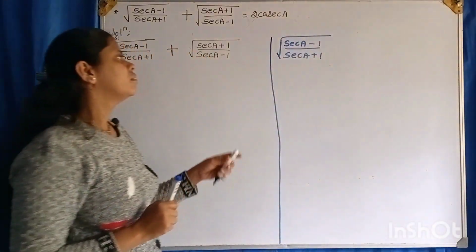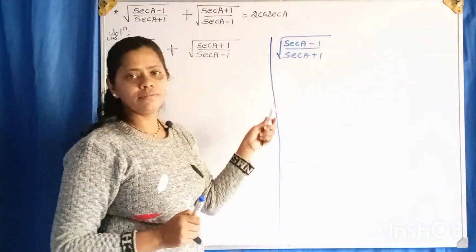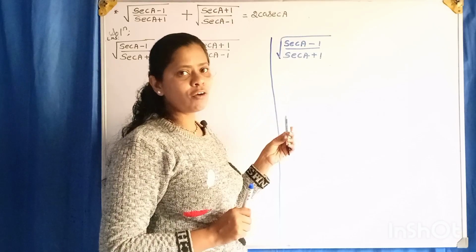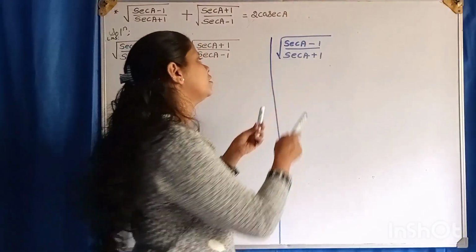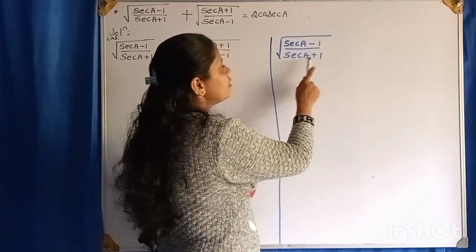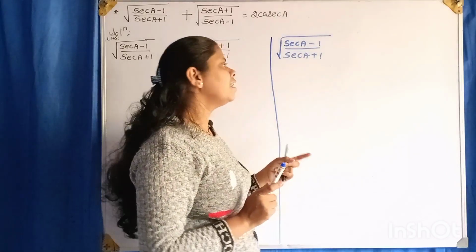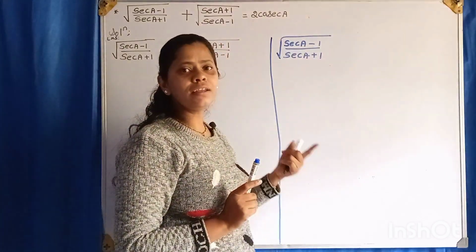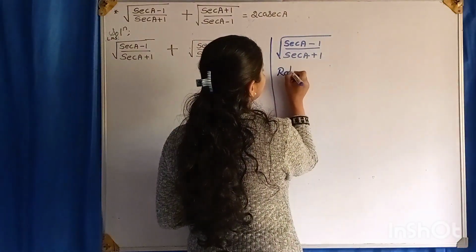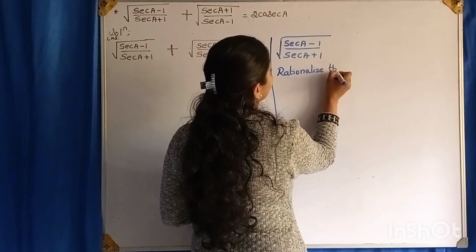Now to simplify this, we have to rationalize the denominator. Look at the denominator, that is secant a plus 1. So we will multiply secant a minus 1 to the numerator and to the denominator, to rationalize the denominator.